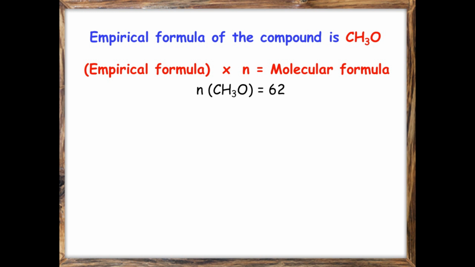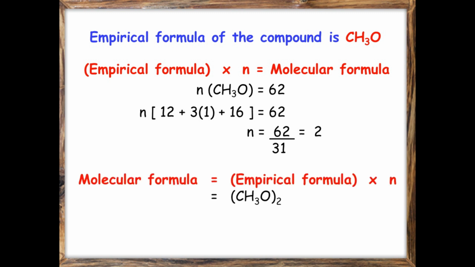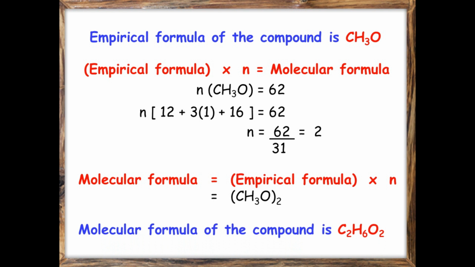Next, substitute all of the relative atomic mass values in the empirical formula. Finally, N is equal to 2. Insert N equal to 2 in the formula of molecular formula. Thus, the molecular formula of the compound is C2H6O2.